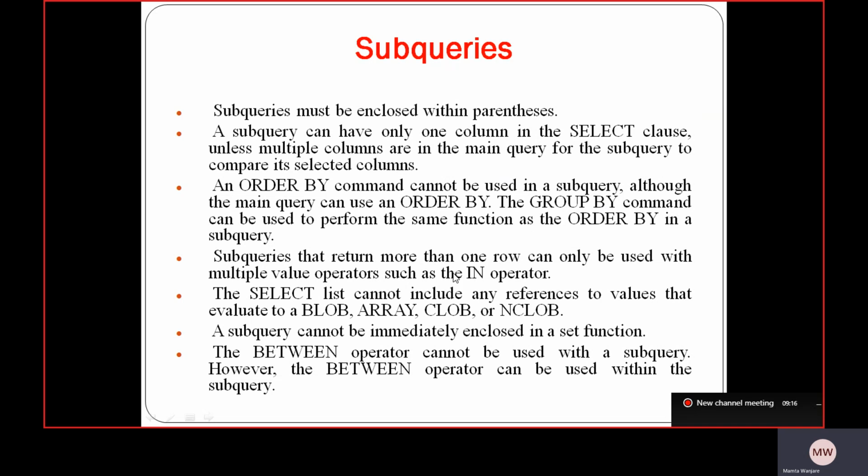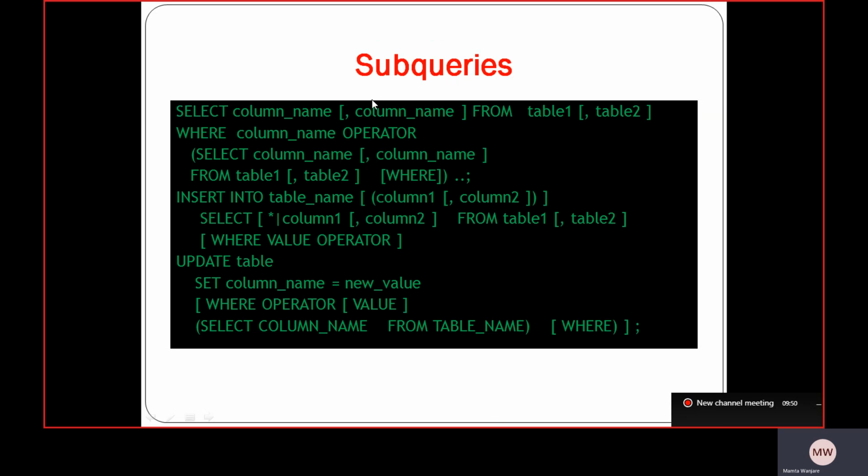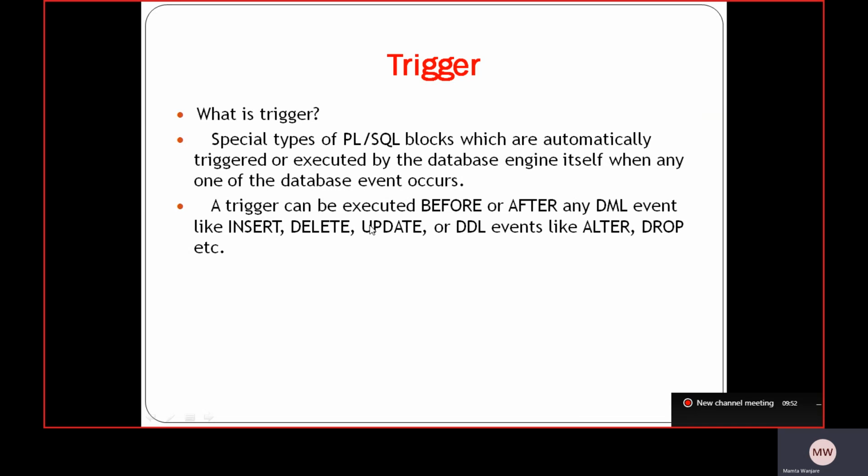Subqueries that return more than one row can only be used with multiple-value operators such as the IN operator. The select list cannot include any references to values that evaluate to a BLOB, ARRAY, CLOB or NCLOB. A subquery cannot be immediately enclosed in a set function. The BETWEEN operator cannot be used with a subquery; however, the BETWEEN operator can be used within the subquery. These are the different subquery rules available.